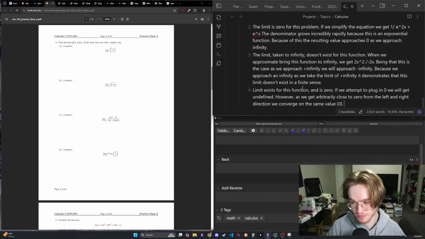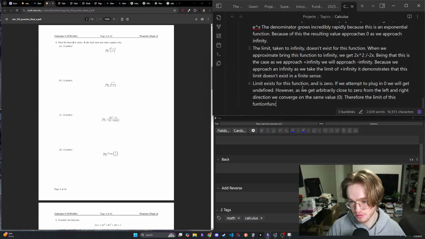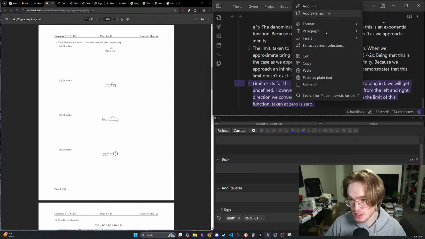Therefore, the limit of this function, taken at 0. Okay, I'm feeling all right about that. Let's see if I'm wrong.